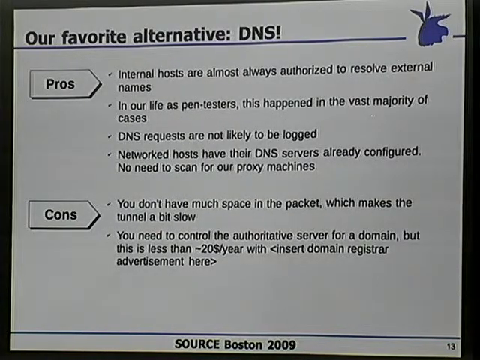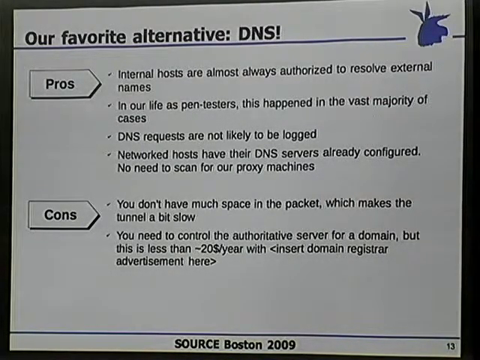So that's why we thought that DNS is the most interesting approach. Internal hosts are almost always authorized to resolve external names. In our lives as pen testers, it's been a very, very rare case in which internal hosts were not allowed to resolve external domains. DNS requests are not likely to be individually logged.